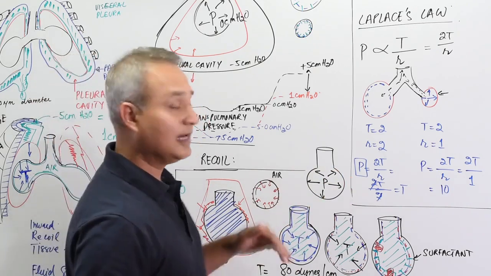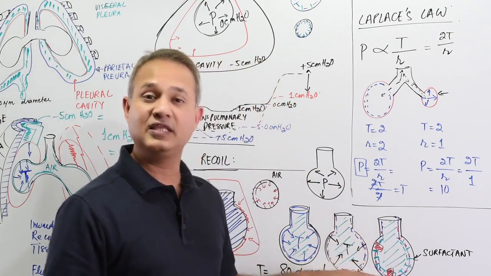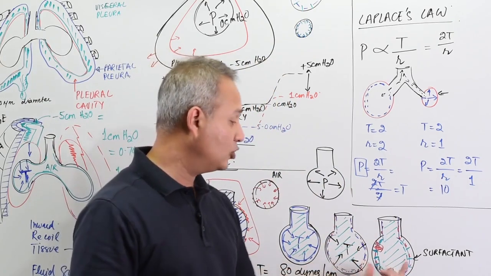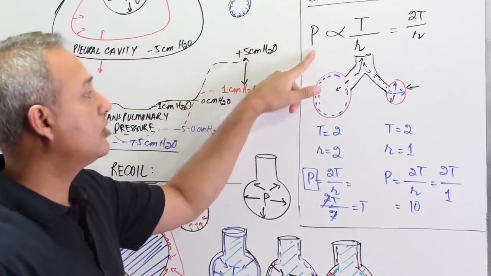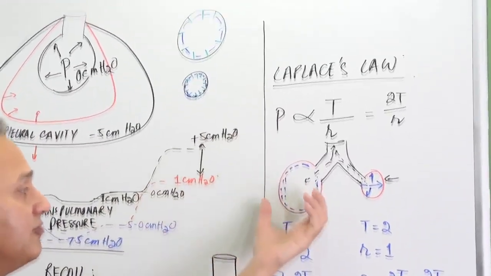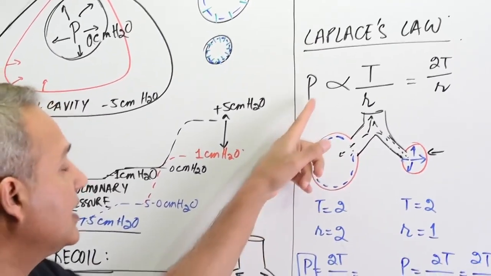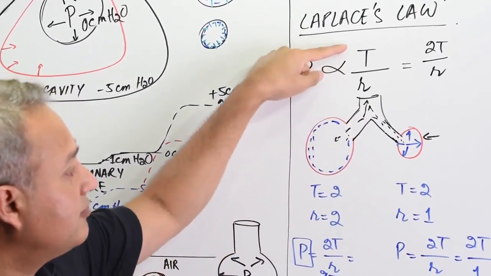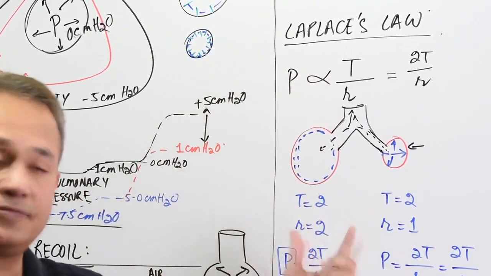Now let's look at Laplace's law that helps us understand what will be the dynamics of the alveolar radius. So Laplace's law says that the pressure in a sphere or a cylinder is directly proportional to the surface tension, the tension in the walls, divided by the radius of the sphere.